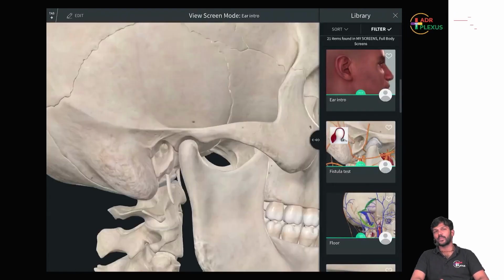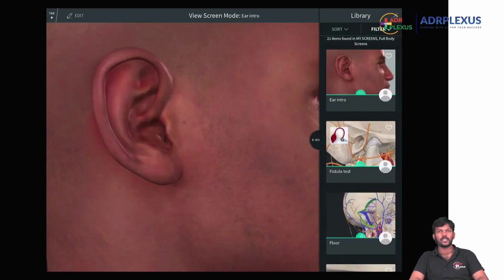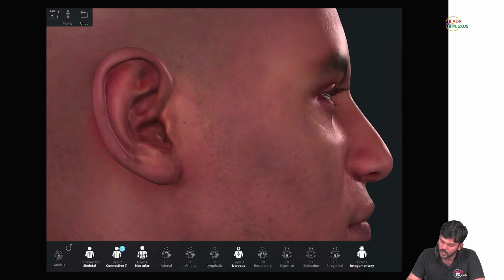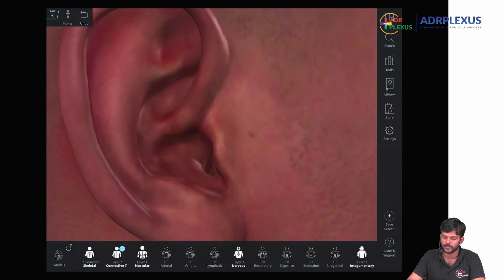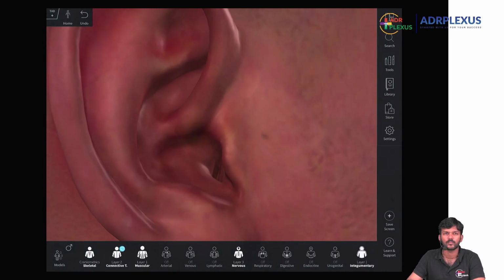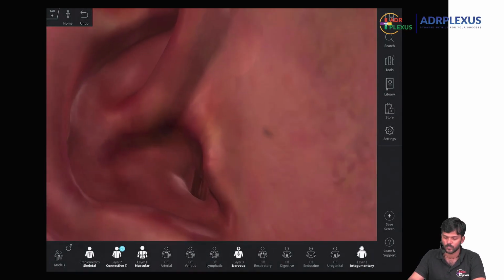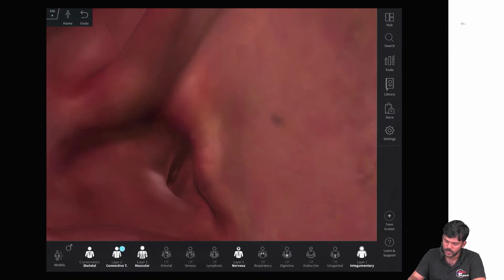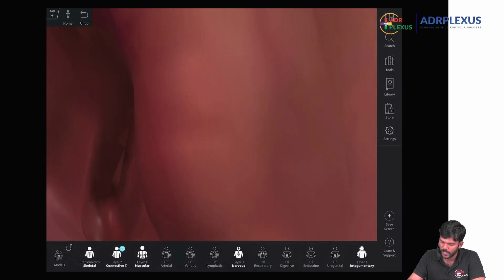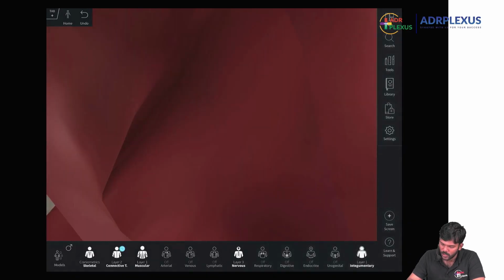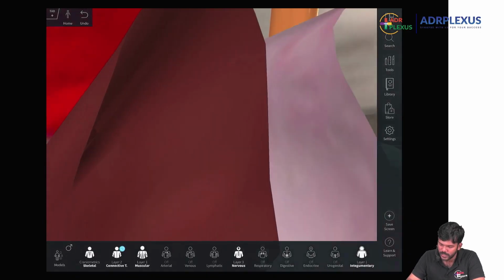Okay, so first we'll start with external ear. See here, this is a three-dimensional depiction. So ear, we are going slowly into the ear. This is pinna. We are crossing the pinna, entering into the external auditory canal, which is lined by skin.